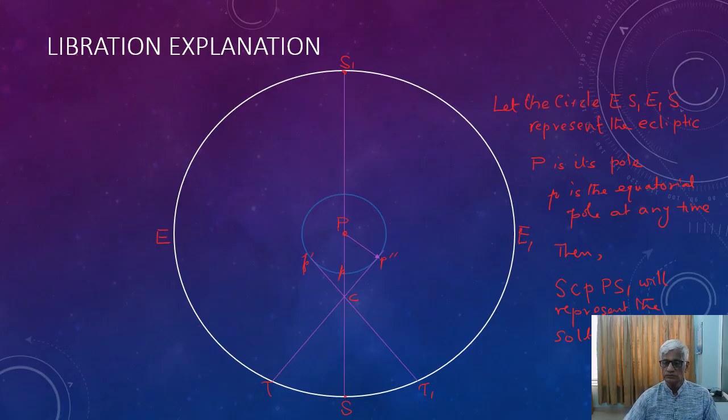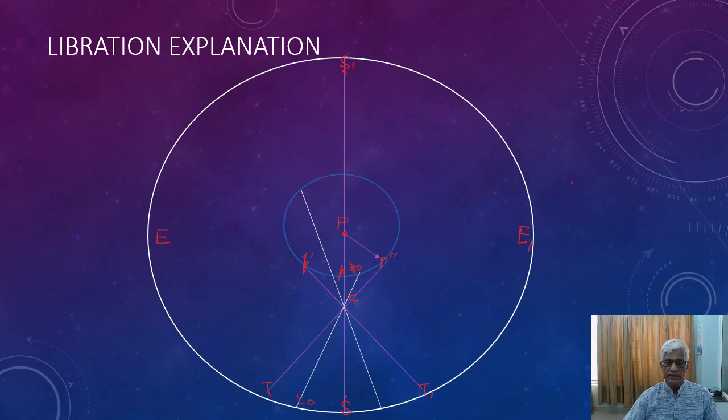Now, if you see any point on this circle, P0 or any other point here or here, if an arc of a circle is made to pass through C and the pole, it will always fall within the arc of ST or ST1.